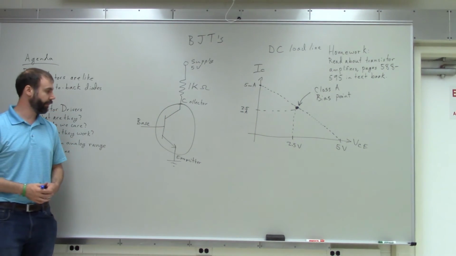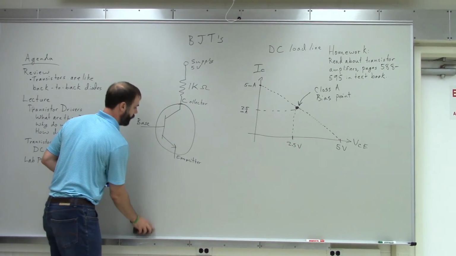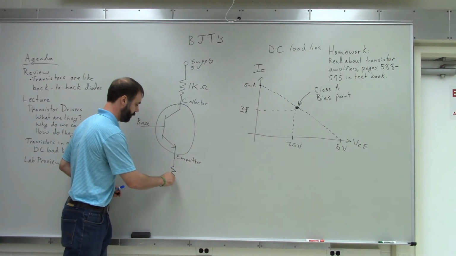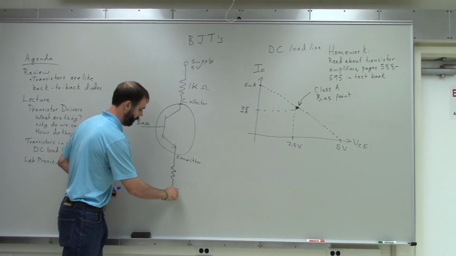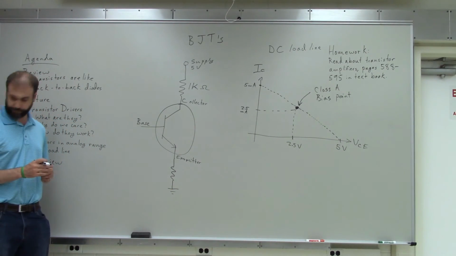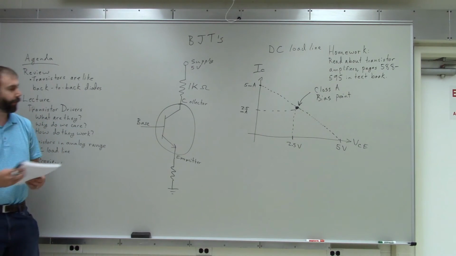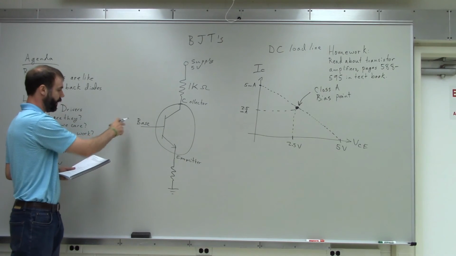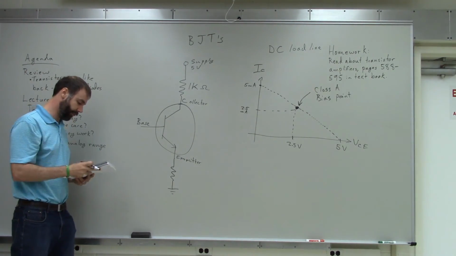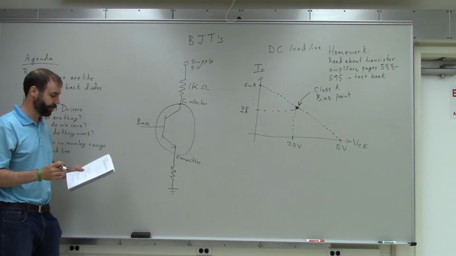The circuit in the lab book has a few extra components. So in the lab book, there's another resistor down here. And you're going to set the current into the base using a voltage divider made up of a single resistor in series with a potentiometer.